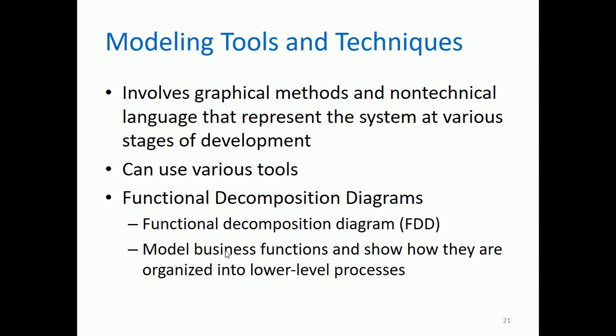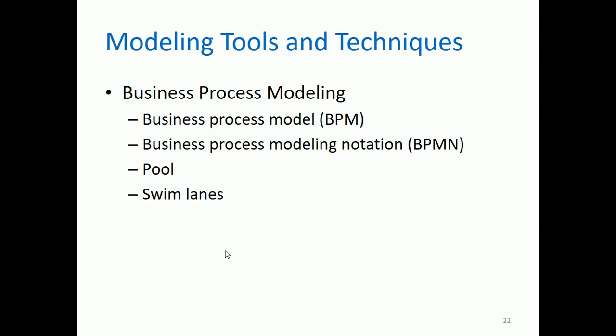Actually, FDD resembles an organizational structure because in an organizational structure, every person has a position that already describes what this particular person is doing. That's why he has a job title. So again, FDD resembles an organizational structure.